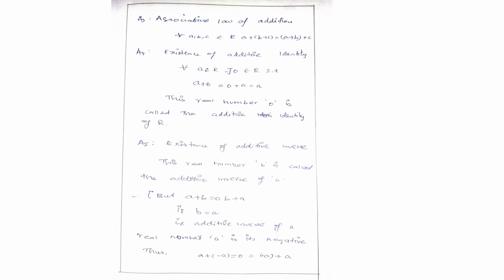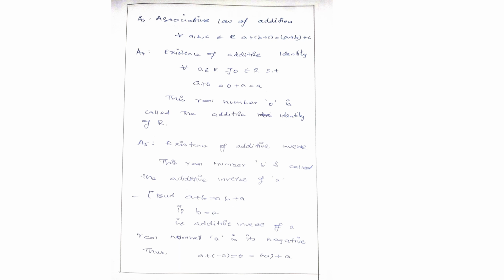This is true for any real number. So for a belongs to R, where a is a real number, there exists 0, which also belongs to R, such that a plus 0 equal to 0 plus a equal to a. This real number 0 is called the additive identity of R.